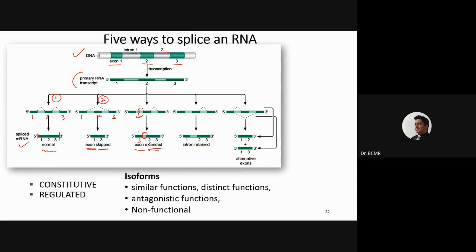In some other cases, splicing may not have occurred, and the whole intron is retained. And then there are alternative exons, where say exon 1 and 2 could splice and give rise to this, and exon 1 and 3 could be spliced to give rise to a transcript like this.